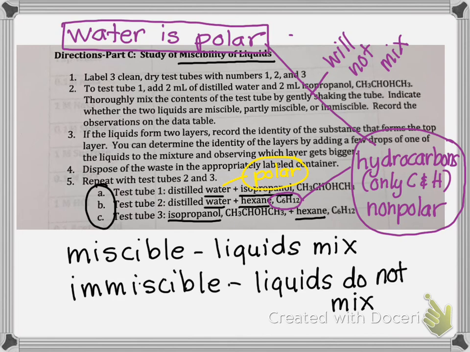Now this isopropanol I might have a little question about. It does have carbons and hydrogens, but it also has an oxygen and a hydrogen. And oxygens and hydrogens, they like water. So it might mix. It looks like it could have both properties. So this is a question that the experiment will help us answer. So let's take a look.